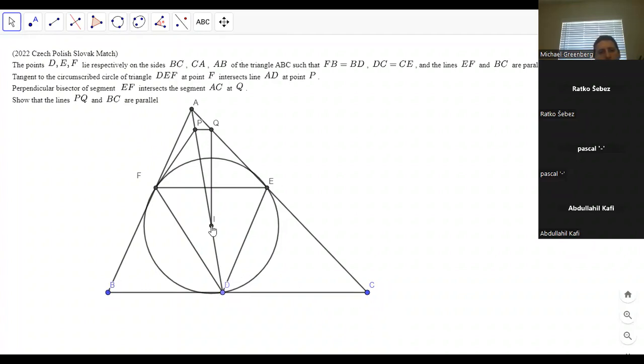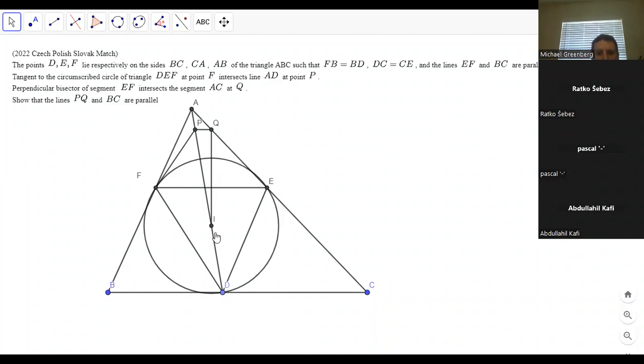So the angle bisectors of FBD and CED, but basically the incenter of ABC is the circumcenter of DEF. Hold on one second.